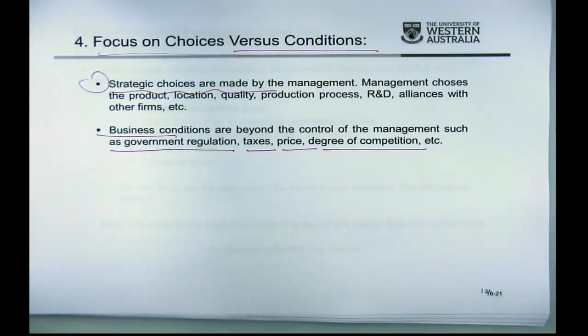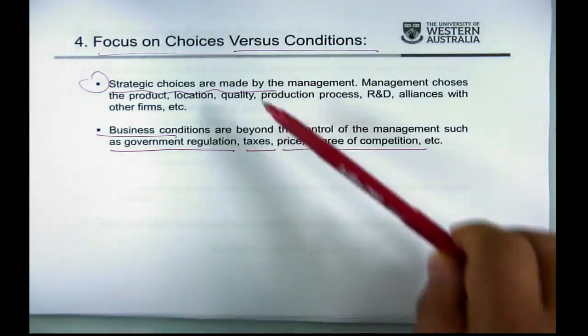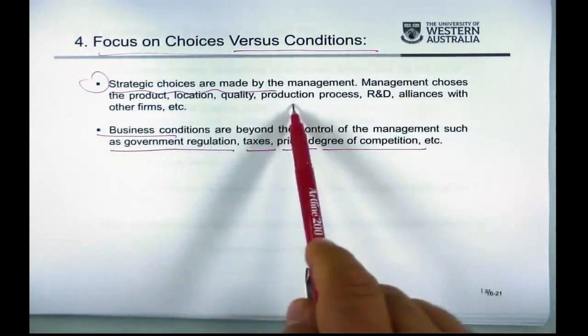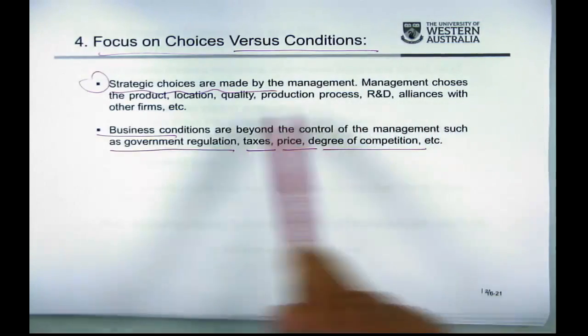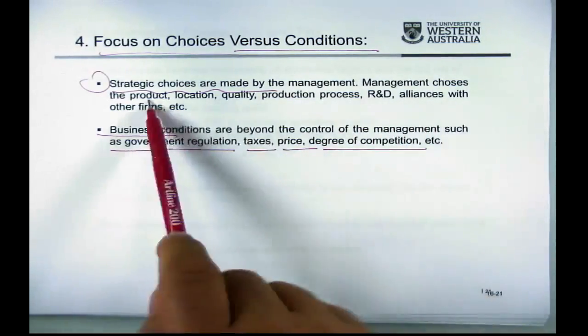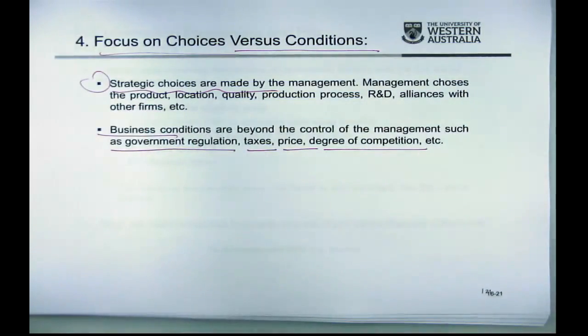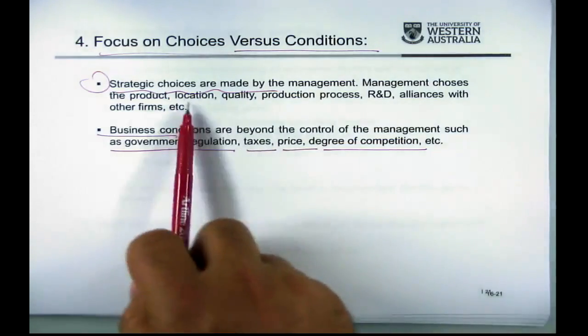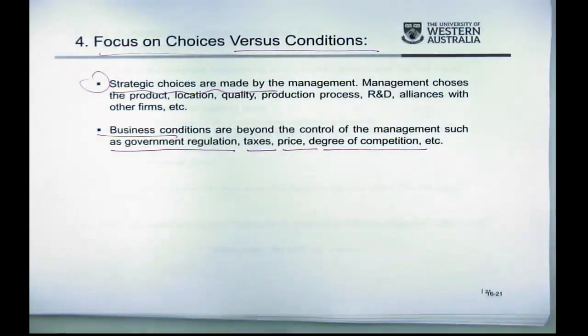So you need to make a clear distinction between these things and, for example, the product, location, quality, production process, R&D, alliances with other firms. These are decisions within the control of management. It is the management that decides, for example, the product to produce, the location, the quality, and so on.